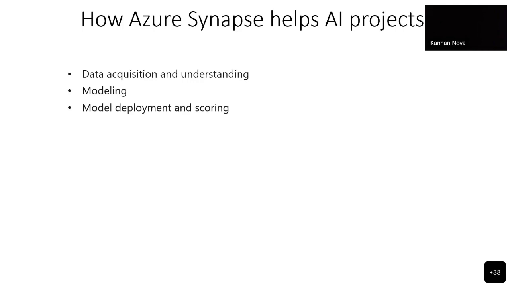After understanding and cleaning up the data, finally we train the model. Once it looks good, we can deploy the model and run it in prod. These are all three areas where we can use Synapse. Synapse can be used for some other purposes also, but we are focusing only on the AI side, how it helps in AI.